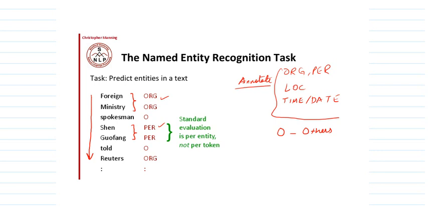So this collectively is an organization, and this collectively is a person, right? So these things have to be taken care of while solving the task.